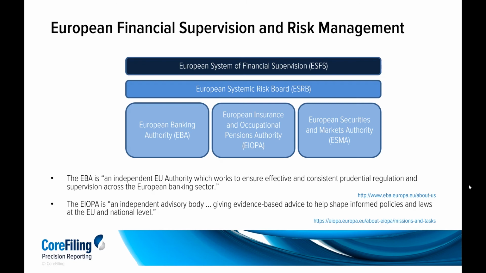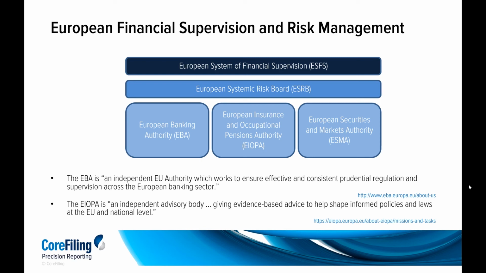So, I will start us off with discussing Eurofiling, a little bit about what it is and where it's from. The Eurofiling mandates arose from some Europe-wide legislation that was introduced following the financial crisis in 2008. This led to the creation of the European System of Financial Supervision, or ESFS, in 2010.